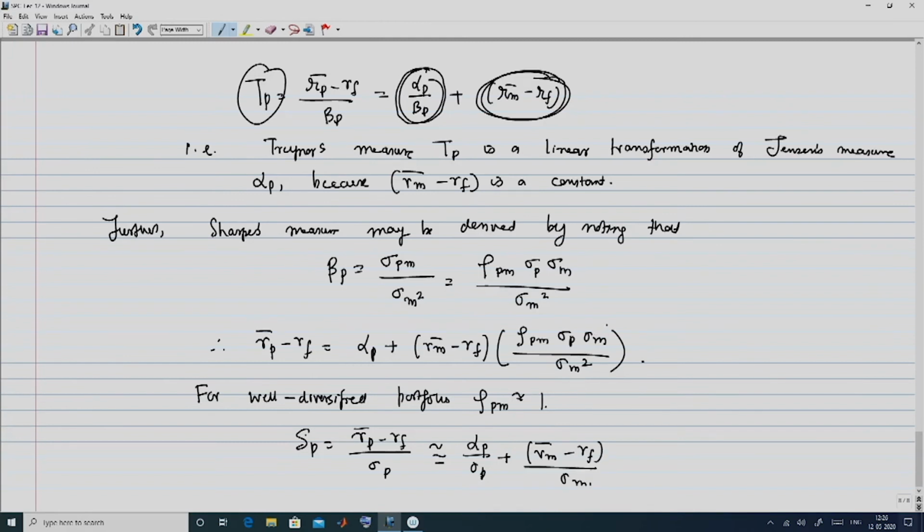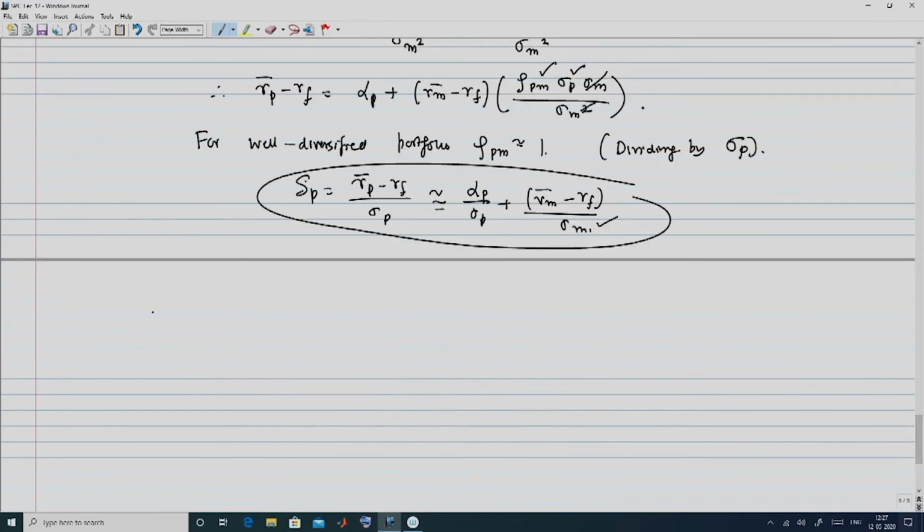Notice that here sigma m will cancel out, leaving only one sigma m in the denominator, rho is 1, and sigma p appears as a result of division. So, essentially we have divided by sigma p. From this relation, thus, Sharpe measure S p is a linear transformation of Jensen's alpha.